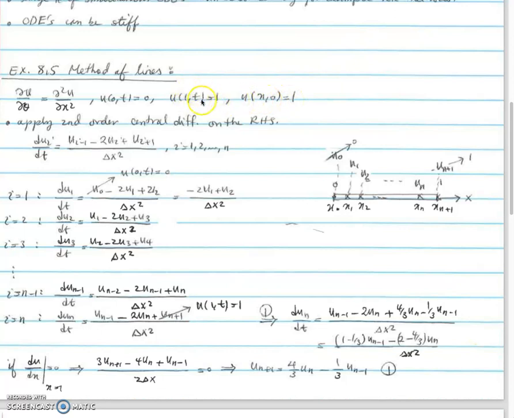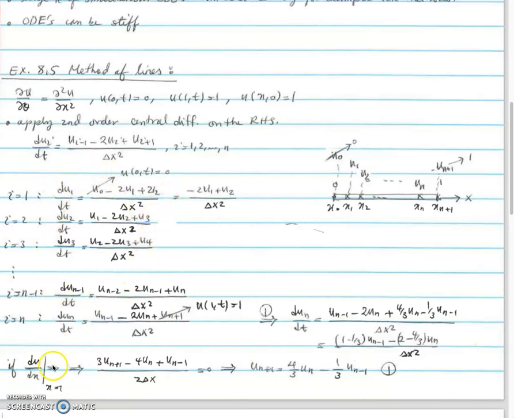Now let's change the right side boundary condition to du/dx equals 0 at x equal 1. If I change this boundary condition, how should I modify the system of equations?